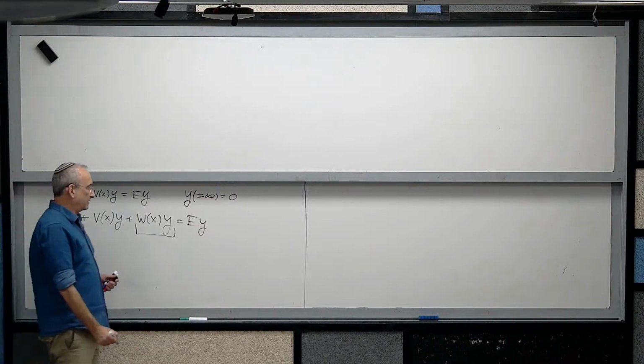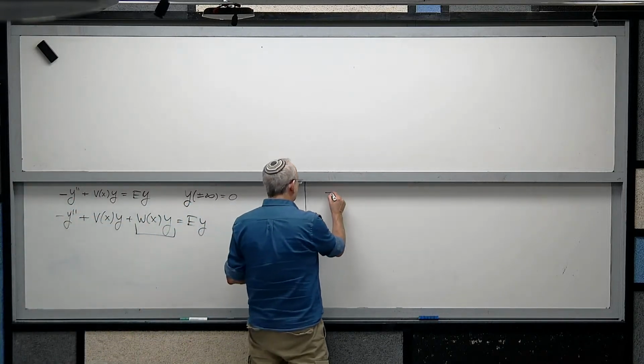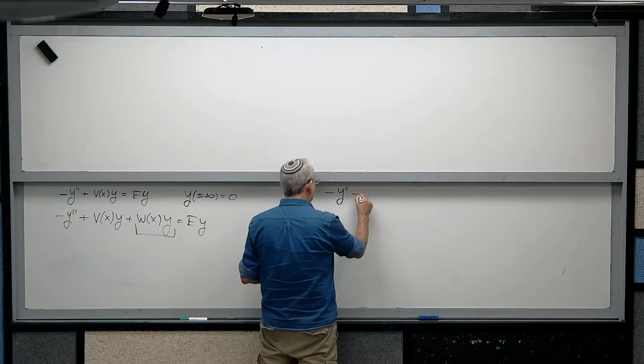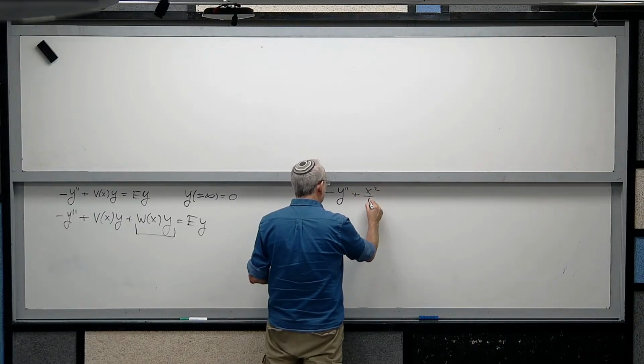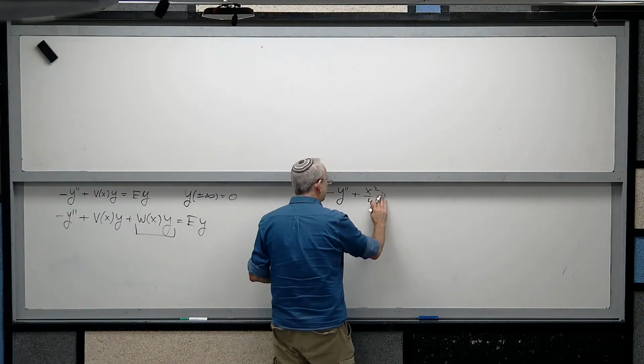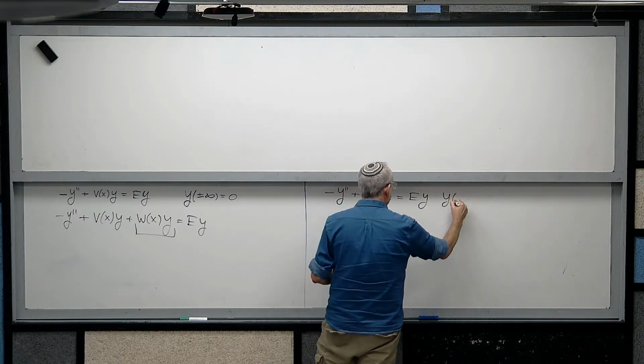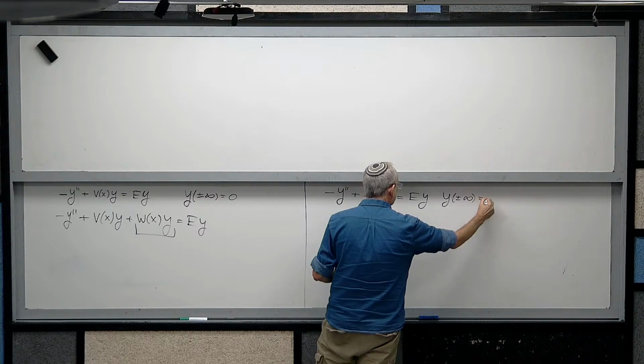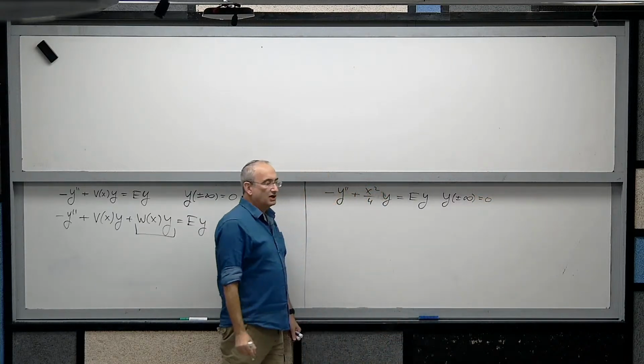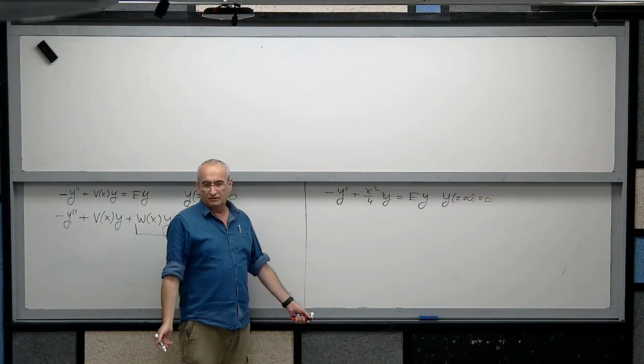Okay, to be specific, let us assume that we take the Schrödinger equation psi double prime plus x squared over 4 psi equals e psi, with psi at plus minus infinity equal to 0. What is this equation? Harmonic oscillator.